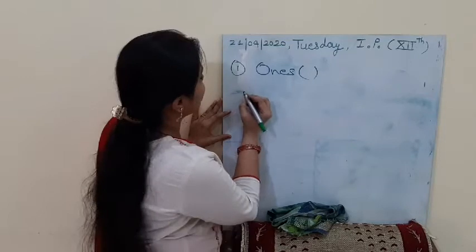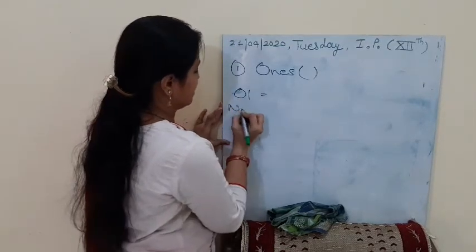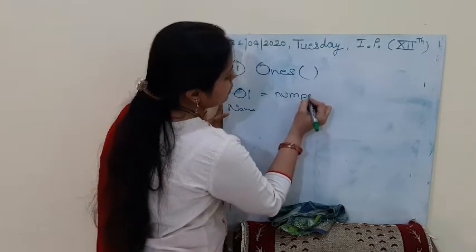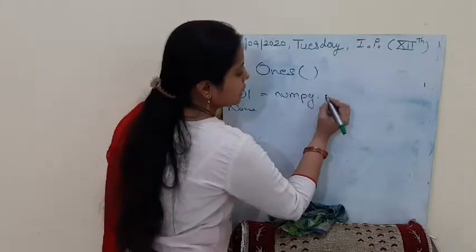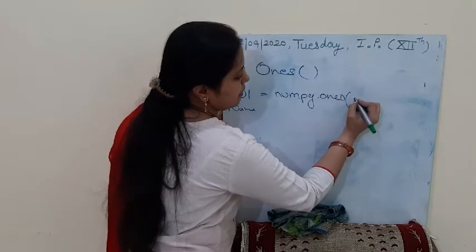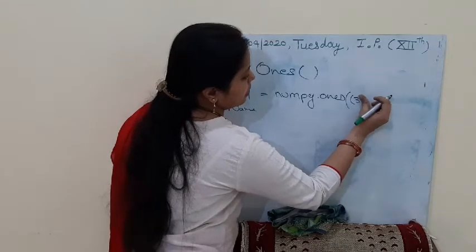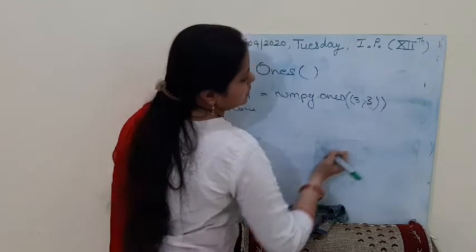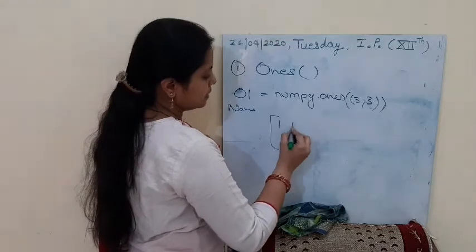I will show you the syntax. Syntax will be O1, that is the name, is equal to numpy. Now as I have told you, I can use the alias name or I can use numpy.ones. Then I will be writing the shape, for example 3, 3. Then I am closing this. So what will happen? I will get the matrix filled with ones.